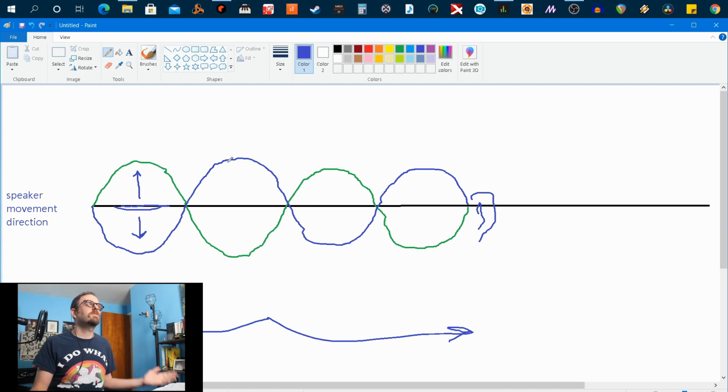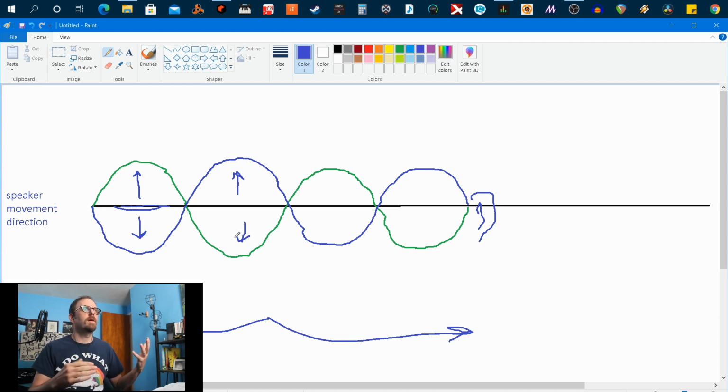And so that's what phase cancellation means in that perspective. So again, to put a really fine point on it, this direction might be the speaker is coming towards you, and this direction might be the speaker going away from you. So every time that speaker is trying to move one direction but it's also trying to move the other direction, it's going to cancel out.